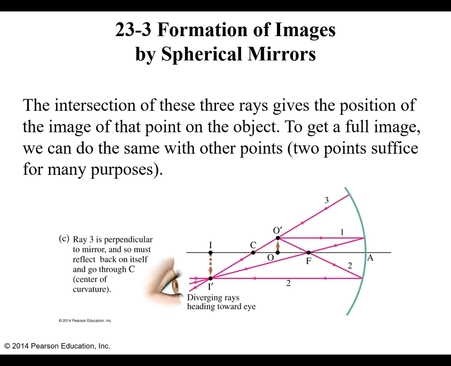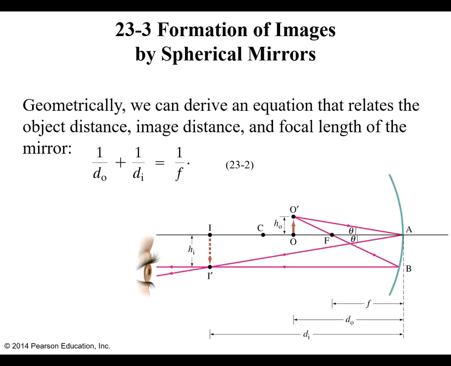Now, what if you want to do this mathematically? Well, we can do some geometry work, which your author has done. And basically what you have here is two similar triangles. They're at the same angle, similar triangles, which means you've got some ratios that you can work with.